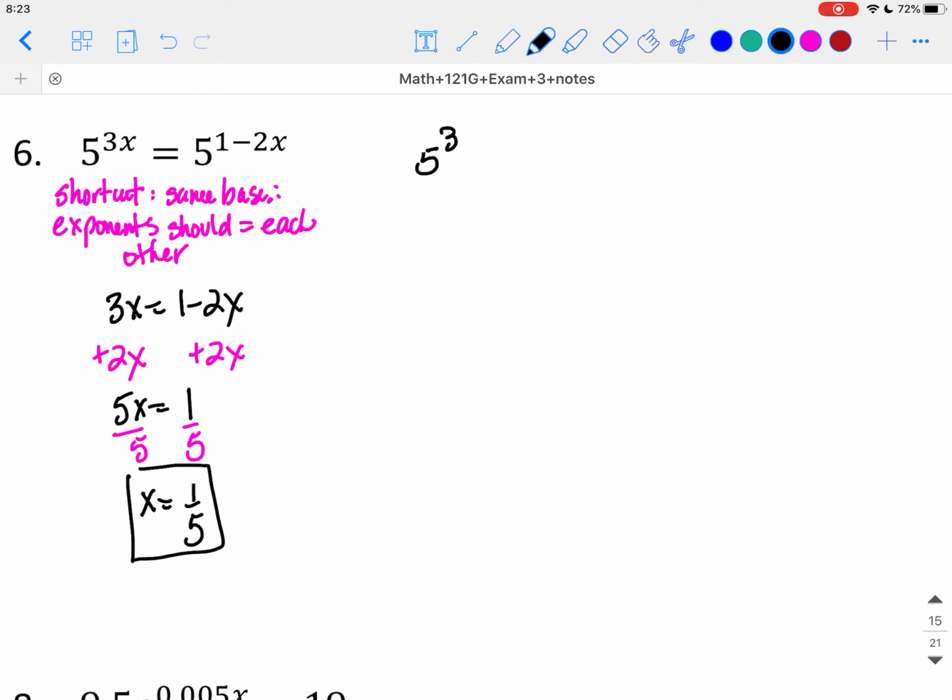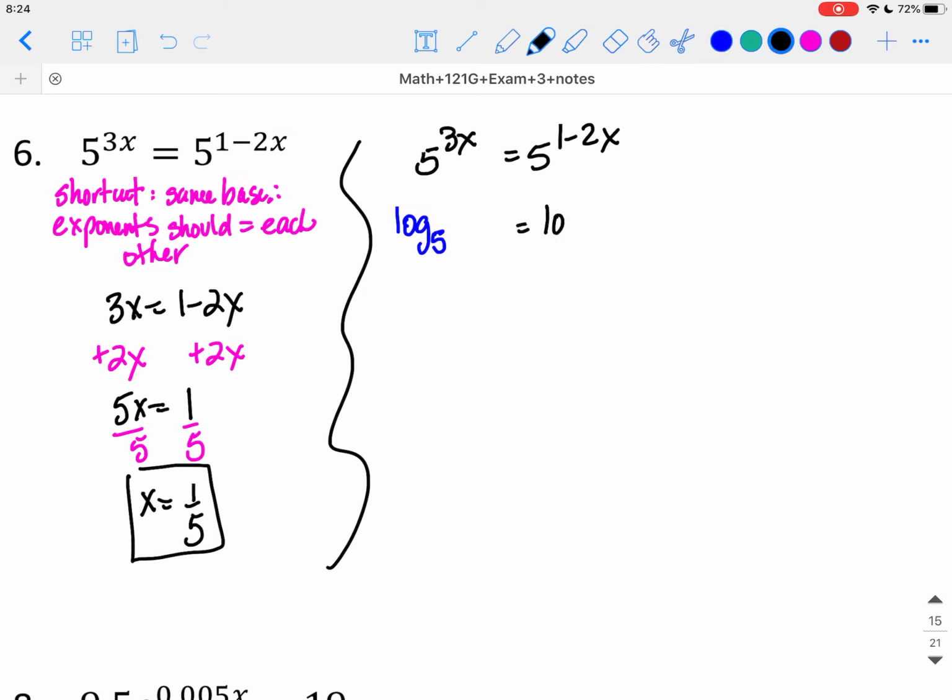Now let's say we didn't see that shortcut. So we could still do the same process. Since my variable is in the exponent, in order to get rid of the exponent, I'm going to take the log base 5 of both sides.